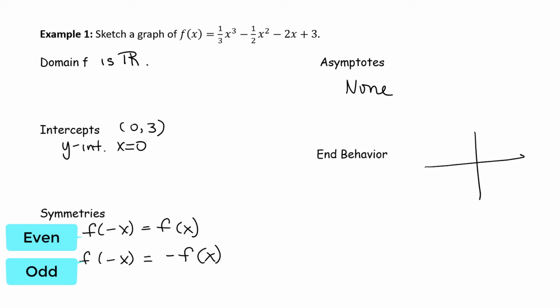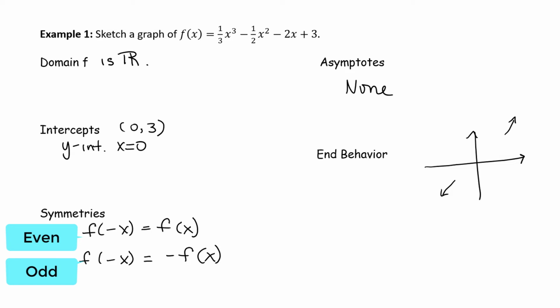If you recall from your pre-calculus classes, a polynomial function of odd degree, this is degree 3, with a positive leading coefficient has end behavior such that in the third quadrant, the function will continue to go towards negative infinity, and in the first quadrant, the function will move towards positive infinity.